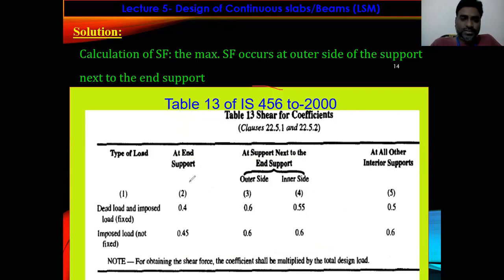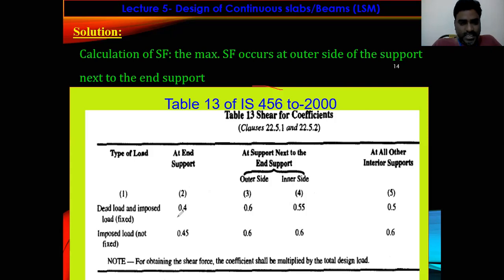So from the coefficients you can easily identify where you will get the maximum shear force. It is very easy. It is a simple, normal problem, class 10 level.